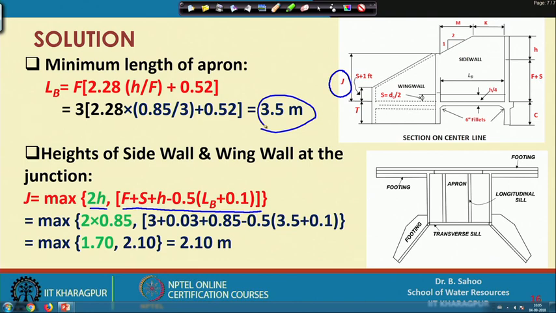I have put this value here, and small h, F, S and H are known. By that calculation I could estimate two values, 1.70 and 2.10. Among these two values I have to select 2.10, so my J value is 2.10 meter.